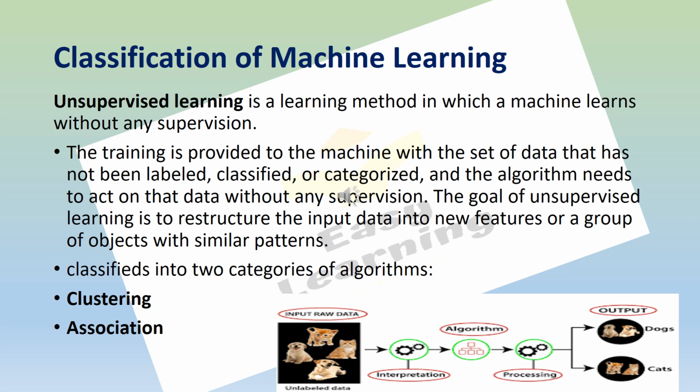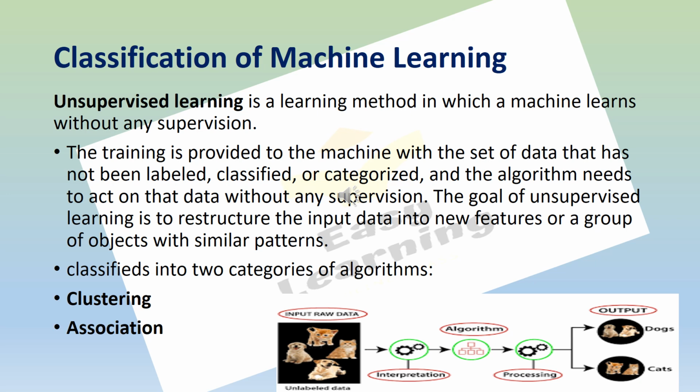Then we apply a suitable algorithm such as k-means, clustering, decision tree, etc. After applying the suitable algorithm, it divides the data objects into groups according to the similarities and differences between the objects.